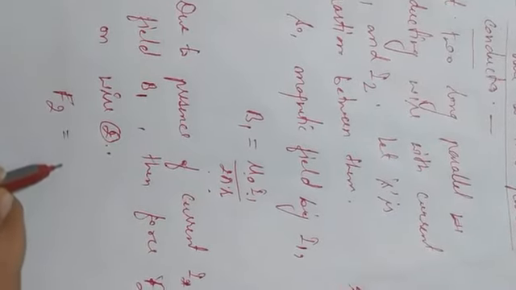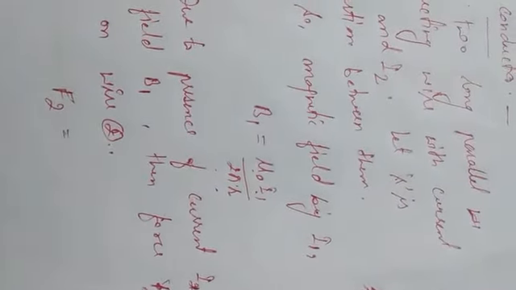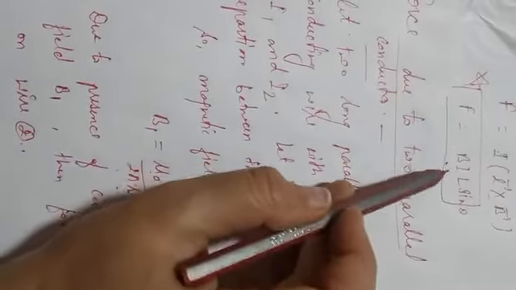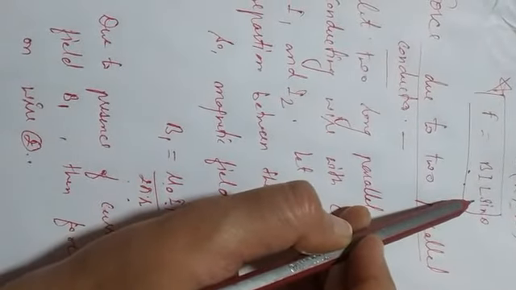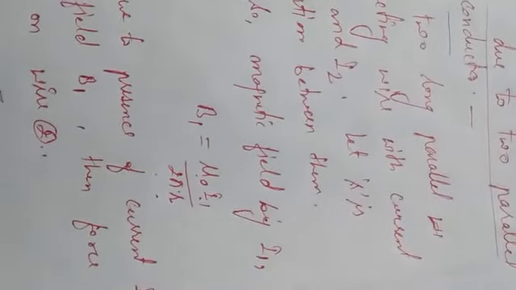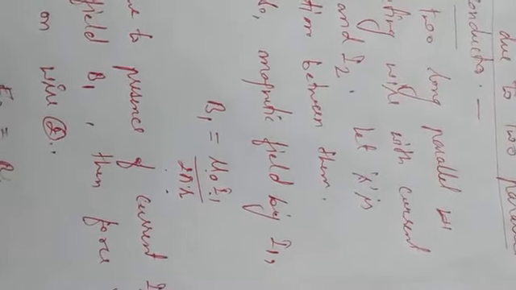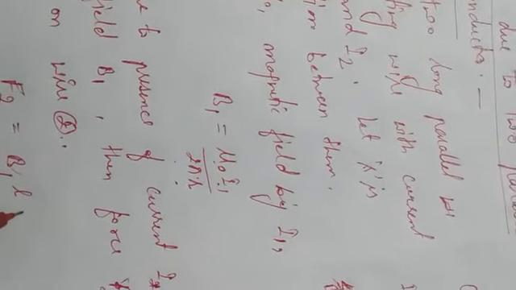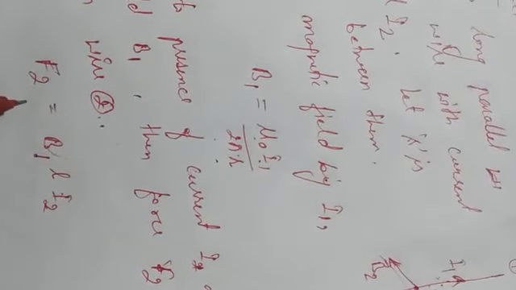In the previous topic we have done that force F equal to BIL for a current carrying conductor. So F2 we can write as B1, L is the length and I is the current acting on the second wire, because we are finding the force on the second wire.